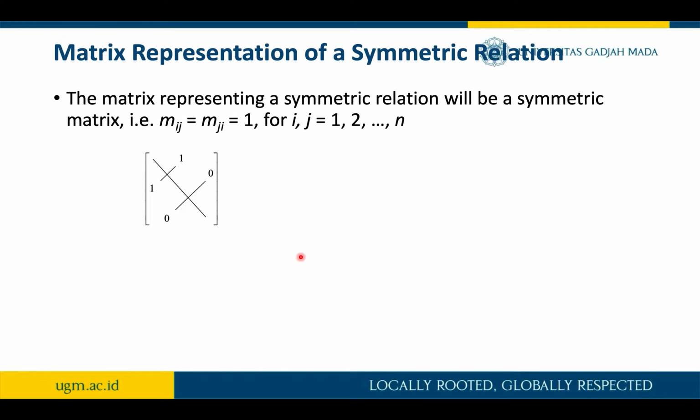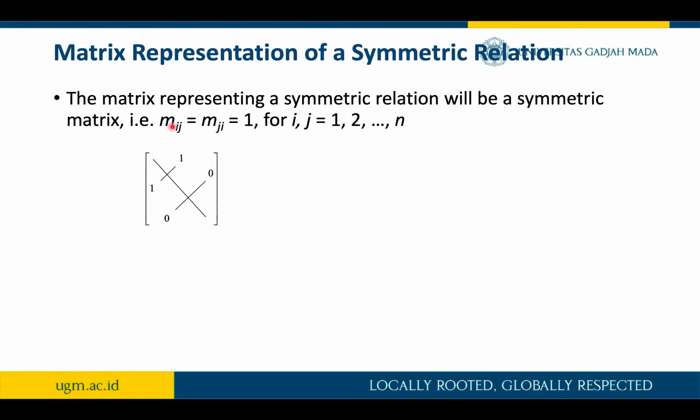The matrix representing a symmetric relation will be a symmetric matrix. So it will be a kind of mirror across the main diagonal of the matrix. If we have 0 here, the corresponding element here should also be 0. If we have 1 here, then the corresponding element should also be 1.